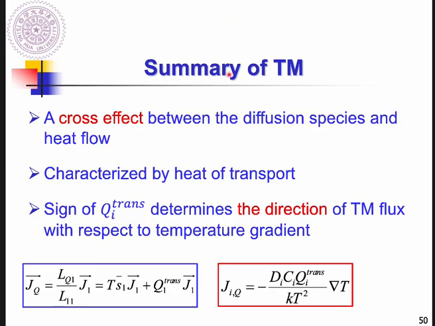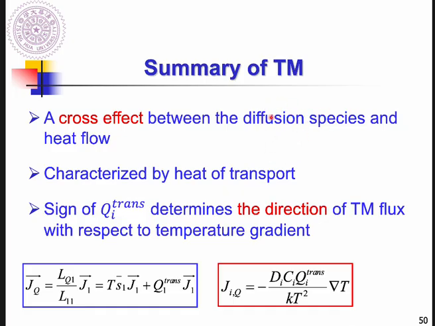So a quick summary for thermal migration. What is thermal migration? Actually, it's a cross effect between the diffusing species and the heat flow. We can design experiments to quantitatively analyze the magnitude and also the sign of the heat of transport. The sign of the heat of transport tells you how the diffusing species moves.